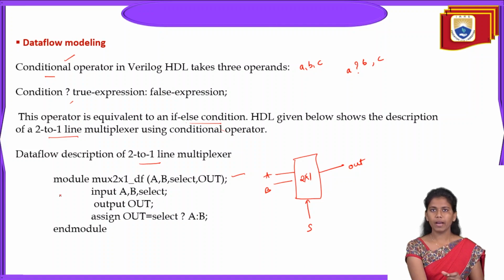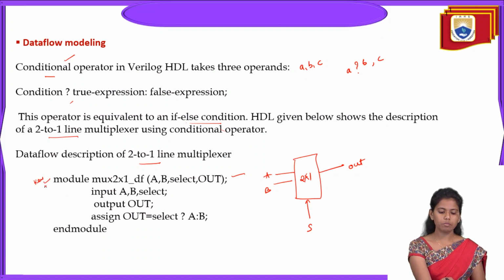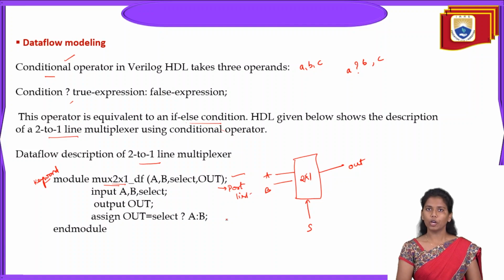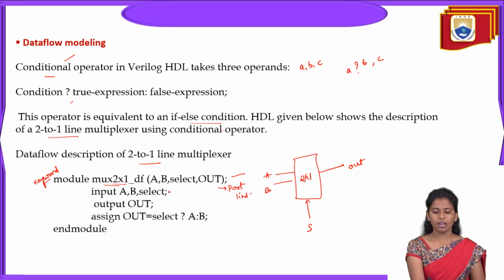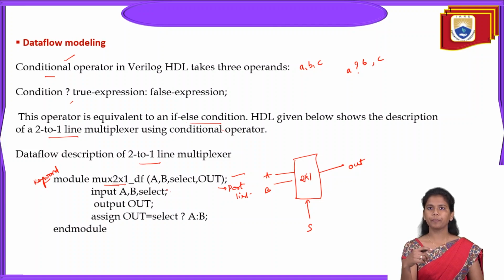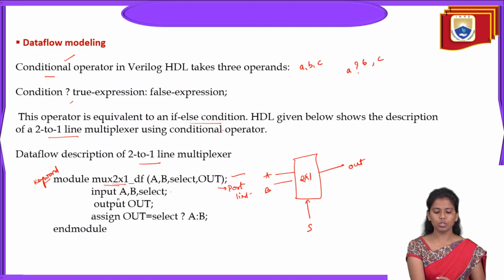So I'm starting the program with the keyword called module, then the name of the module, that is multiplexer 2 by 1, and then the port list. In the port list, I'm representing what my input ports and output ports are. The second statement initializes the inputs A, B and select S, and the output as out.